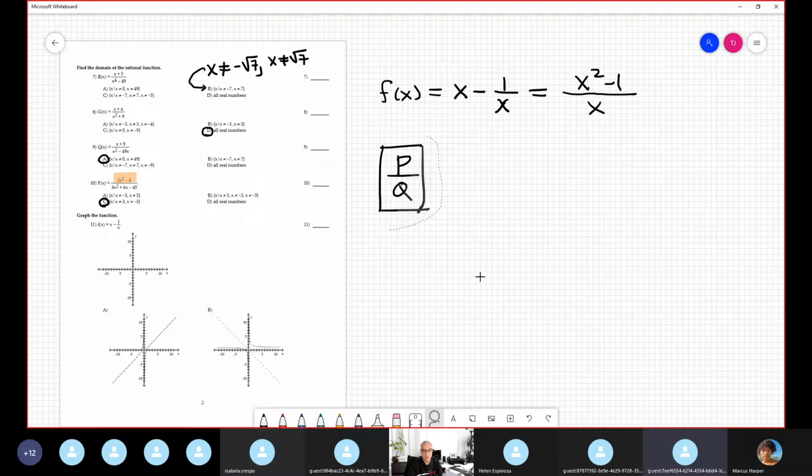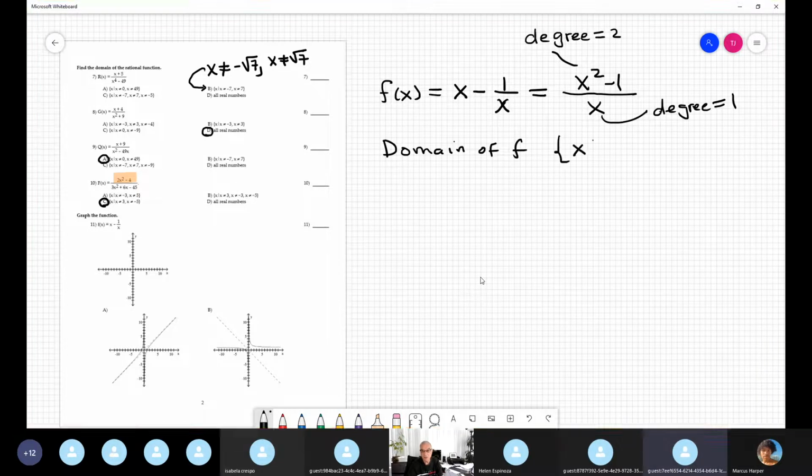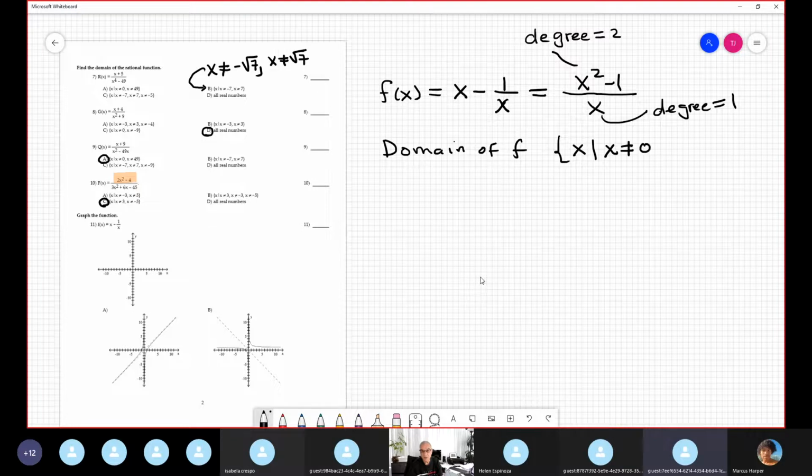Therefore, I understand more clearly that the degree of the polynomial at the top is 2, and the degree of the polynomial at the bottom is 1. The domain of the function f is all real numbers except 0. 0 is the only problem we have in the denominator. When x is 0, it's undefined.